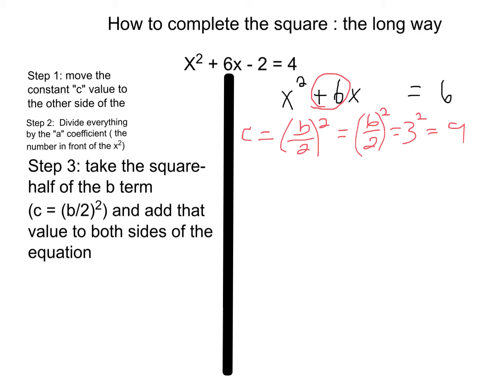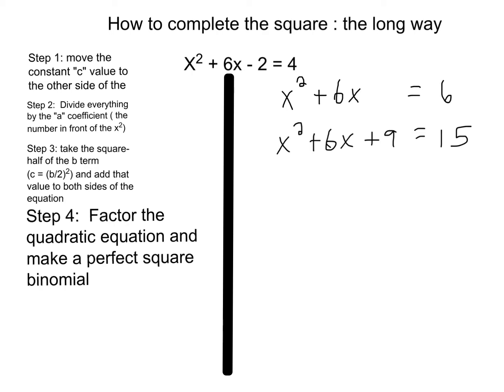We take this 9 and add it where the old c value was. But if I just add 9 to one side of an equation, it screws up the entire equation, so you have to add 9 to the other. So I now get x squared plus 6x plus 9 is equal to 15.